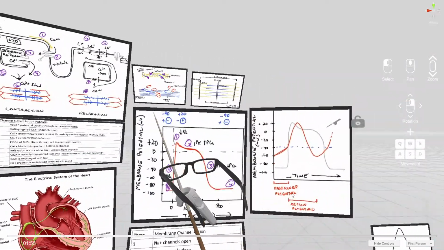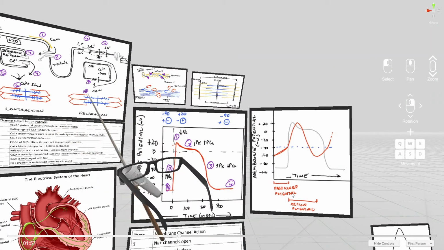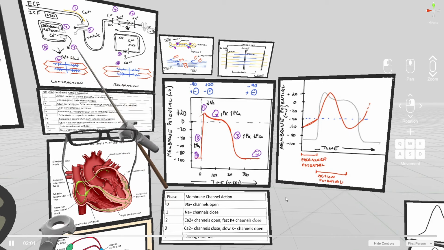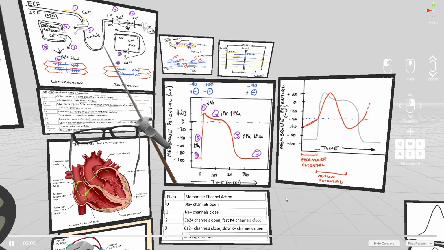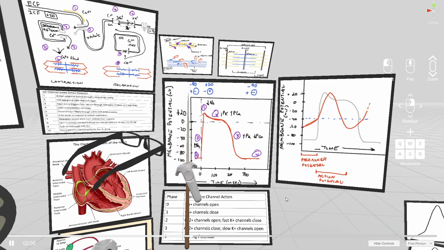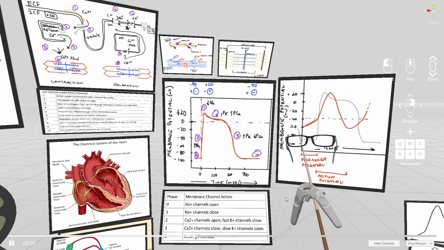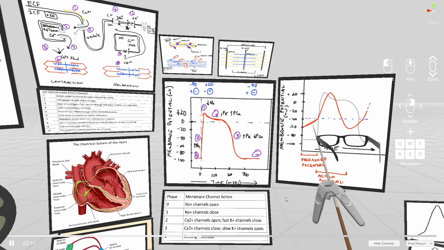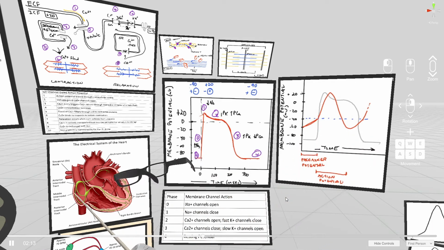And so you can imagine, with all the different channels and pumps that are going on the cell membrane, if you have a slightly different setup where there's maybe a constant leak, what you'll find is in some cells you never get to that -90. And that's what happens in pacemaker cells, such as the sinus node and the AV node.